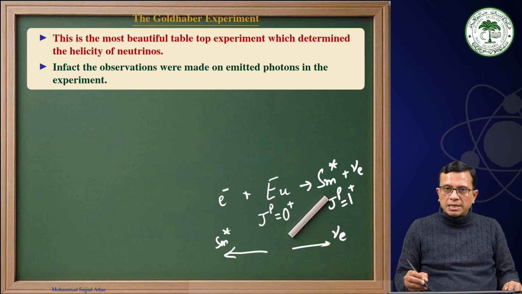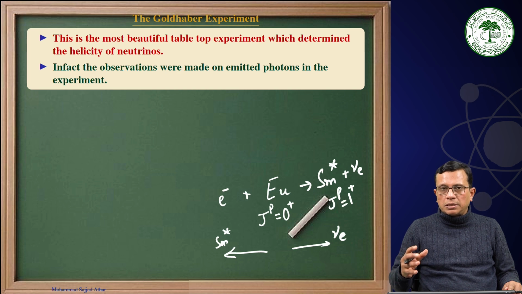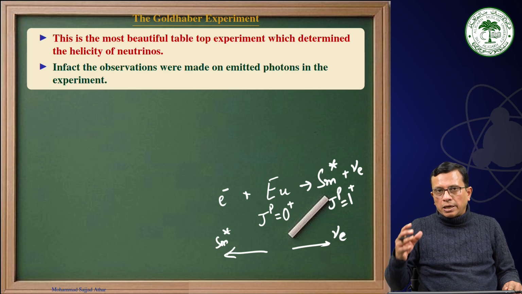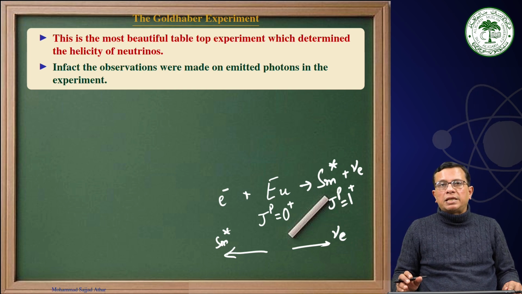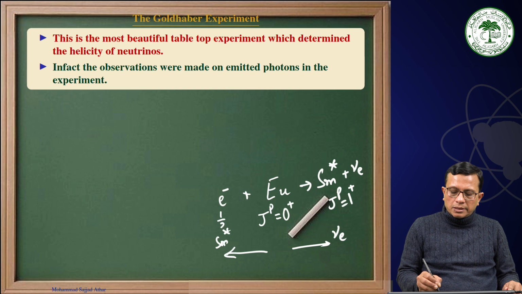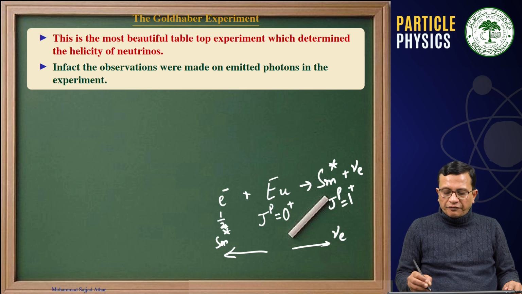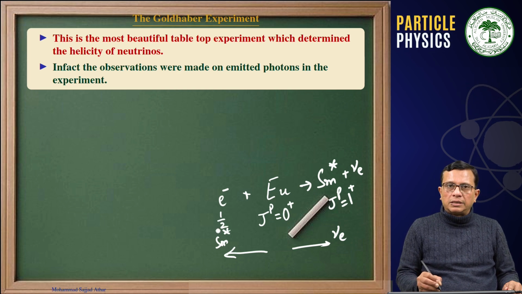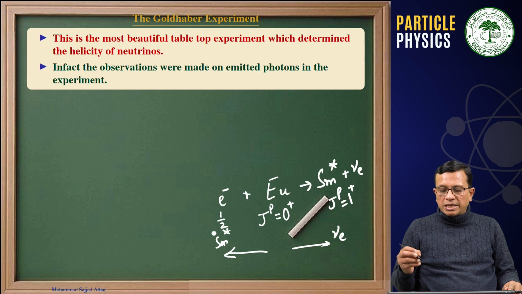And as you can see, this capture took place in the atomic S state, therefore L was 0. That is why the total angular momentum of the initial state was 0. From europium, the spin is half, therefore 0 and half gave us J equal to half.